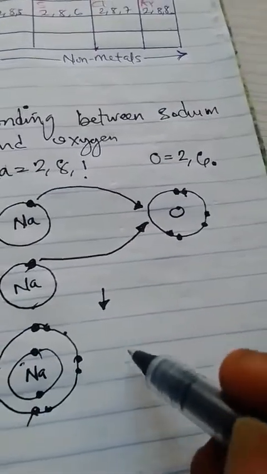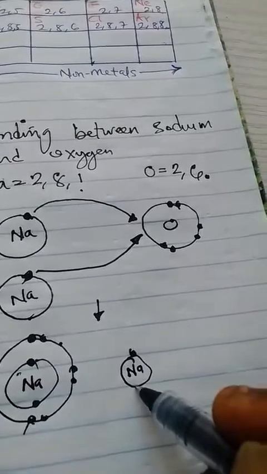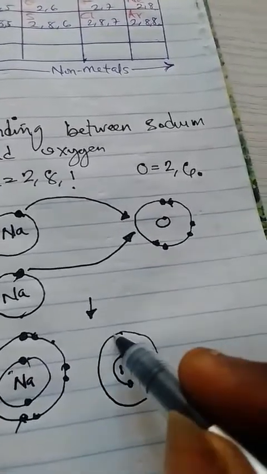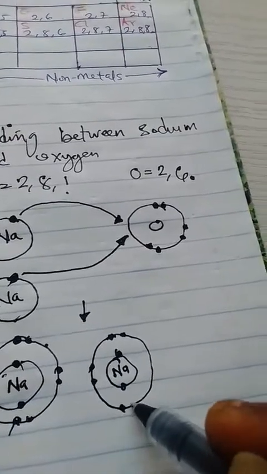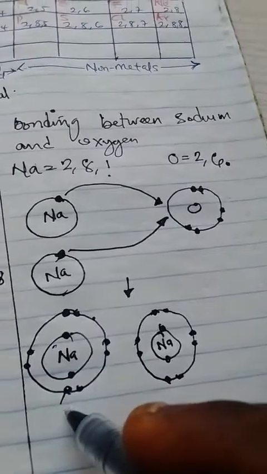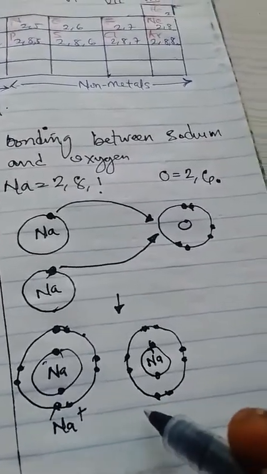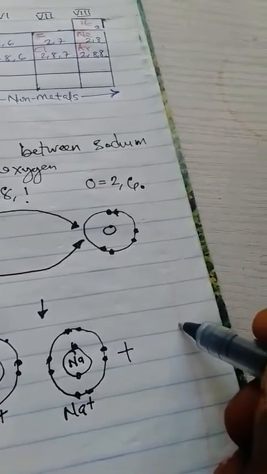We have 2 of these, 2, 8. So Na plus and Na plus, and then binding with oxygen.